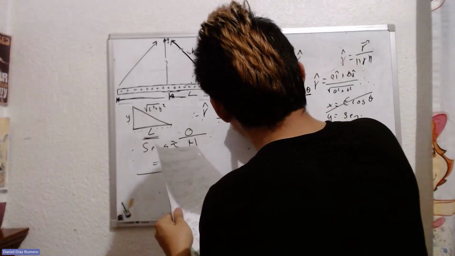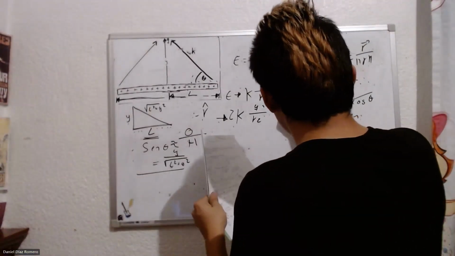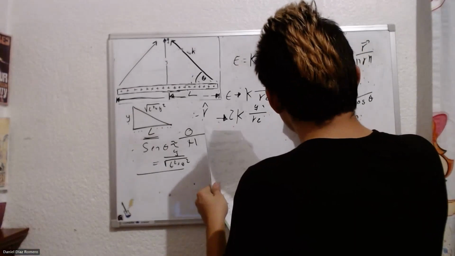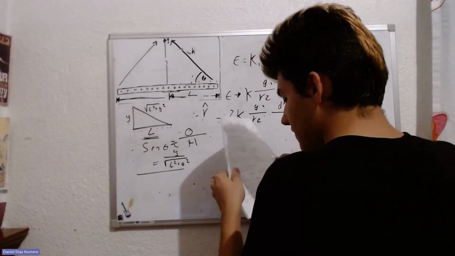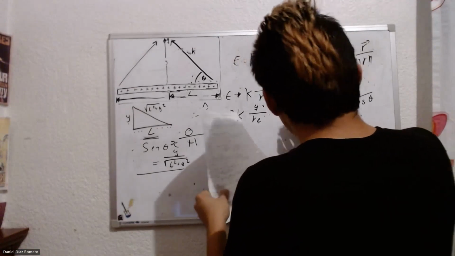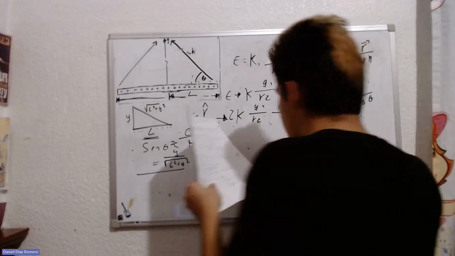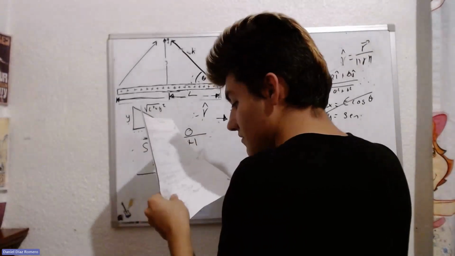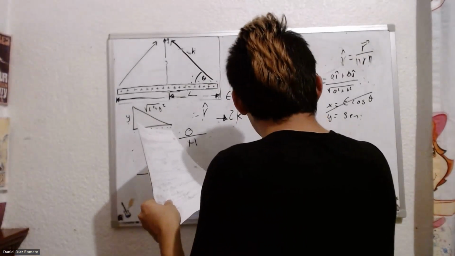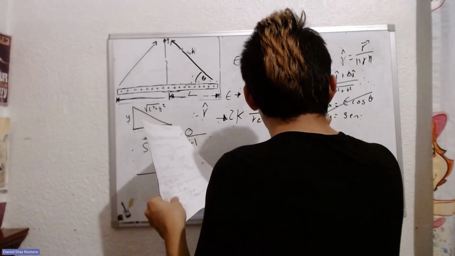Q is a constant, so we can put it right here. And here we have dq, which is the derivative of R. In a moment, I will show you how we get that conclusion, which is kind of the same over here, which is L squared plus y squared to 1.5.